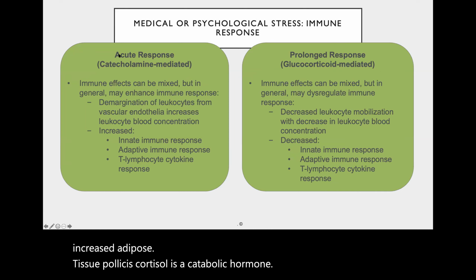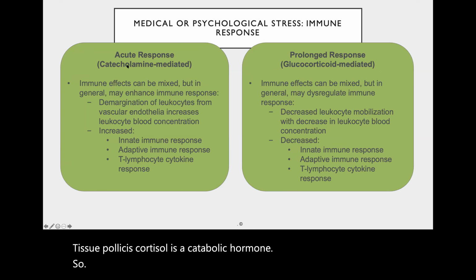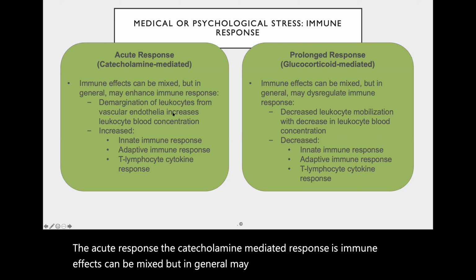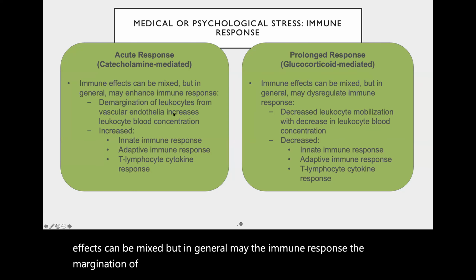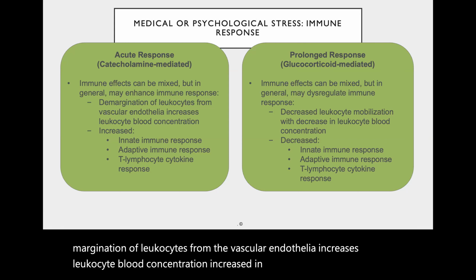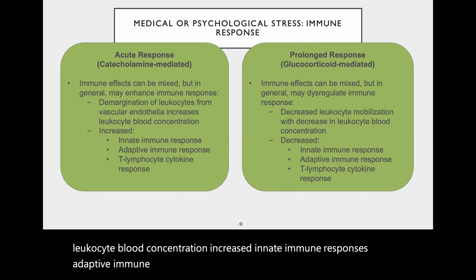So the acute response, the catecholamine-mediated response, has immune effects that can be mixed, but in general may enhance the immune response. Demargination of leukocytes from the vascular endothelia increases leukocyte blood concentration, increased innate immune responses, adaptive immune responses, T lymphocyte cytokine responses.